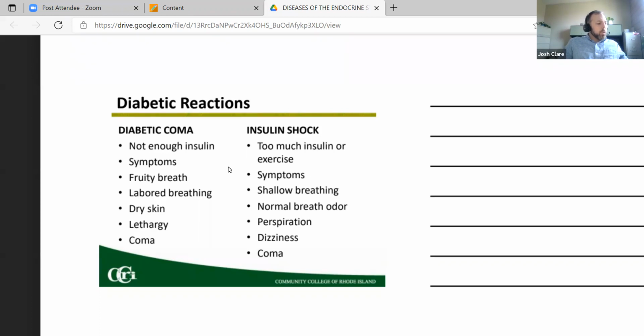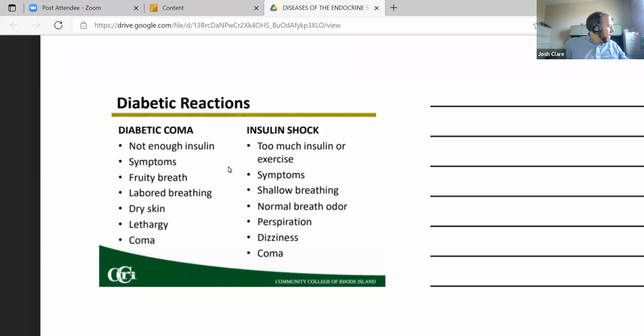These people need sugar, so they need a glass of juice. I have glucose tablets that I use for that one wrestler. He and I both had glucose tablets on us at all times. And coma can result from this if it's not treated. If the person's not conscious, they need to be treated intravenously. So we need to call 911.